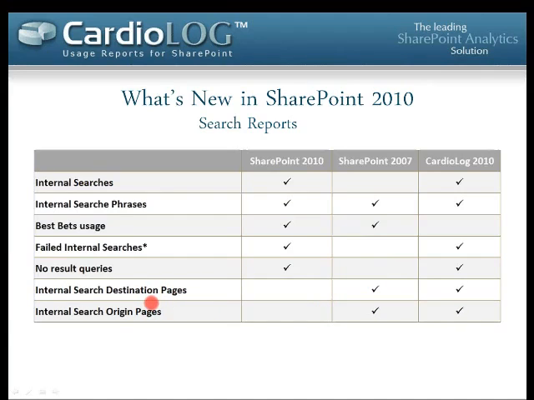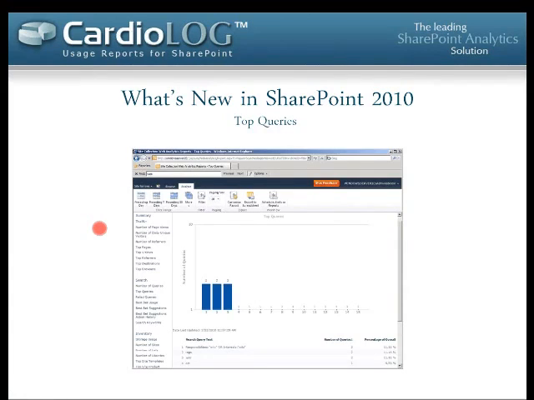So the actual new three ones are the number of internal searches, the number of failed internal searches, and no result queries. Of all these, again, CardioLog does not give information about best bets for now. Here's the sample for the top queries report, a trend view, and a table view.